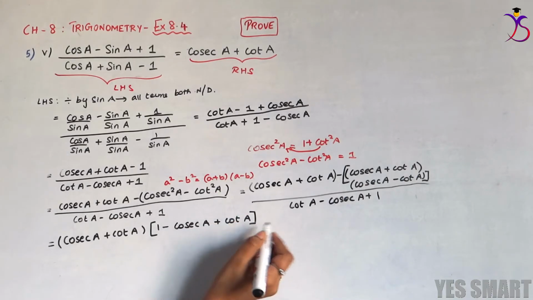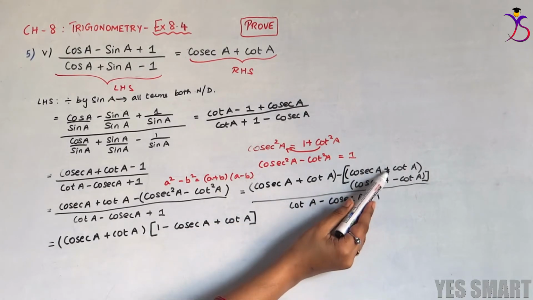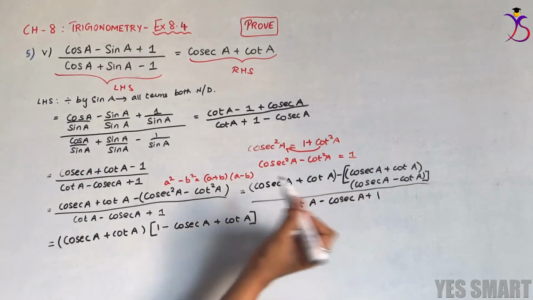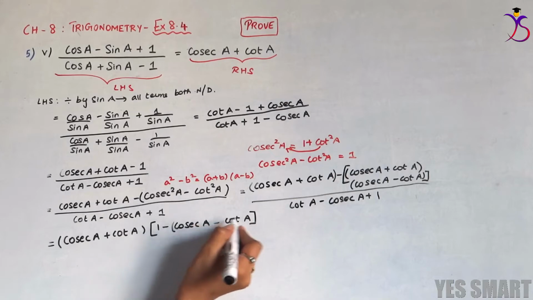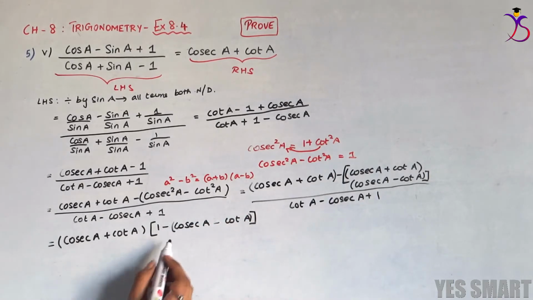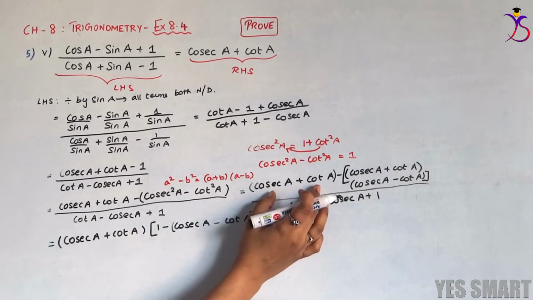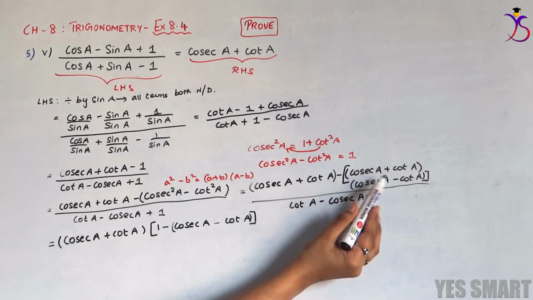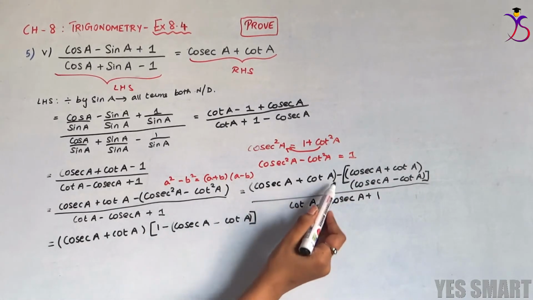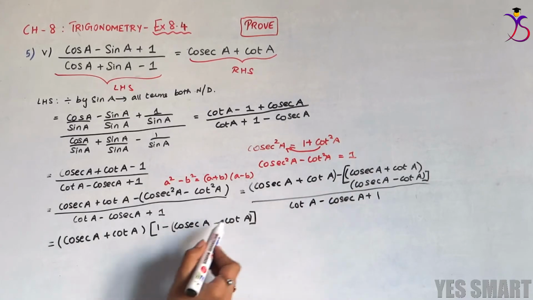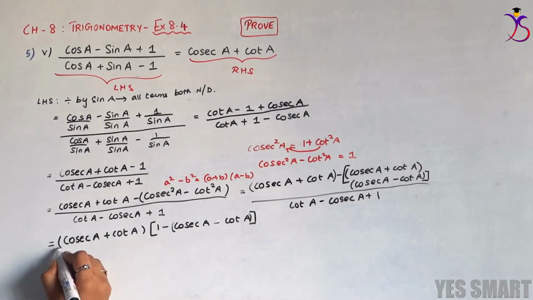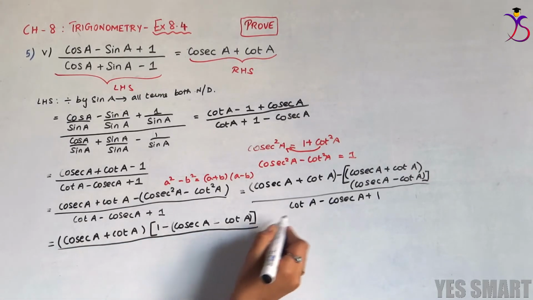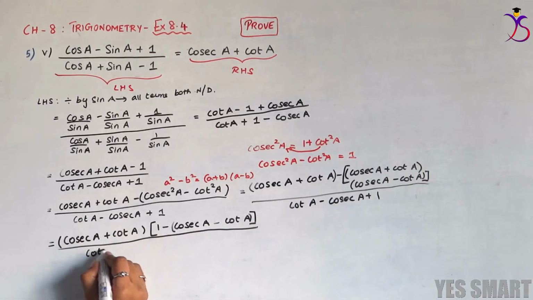Since we have minus here, I had directly written it as plus, but still to avoid confusion, let me write it as minus itself. So now in the first term I have taken this cosec A plus cot A outside, hence I have written 1 here. So this minus is this minus, and in the second term I have written the second fraction, because the first fraction is already taken outside as a common, divided by the denominator which remains the same.